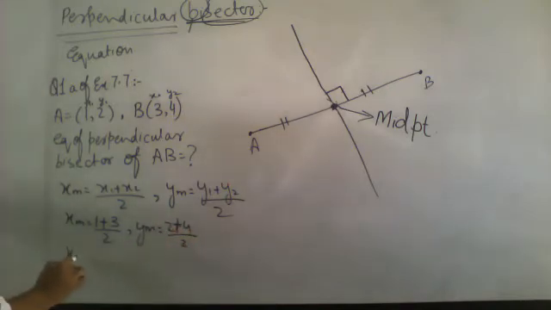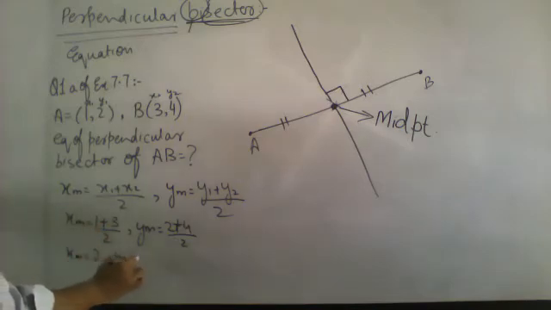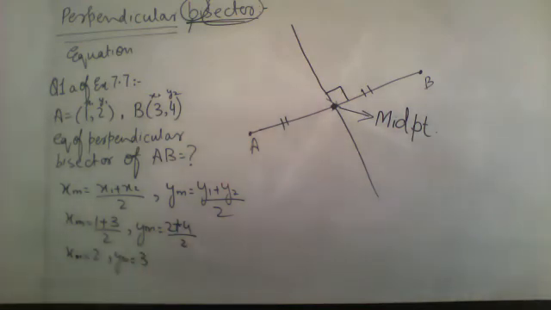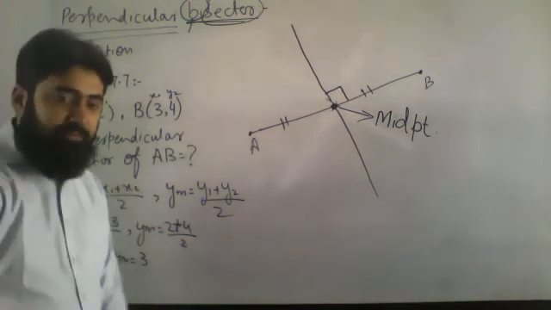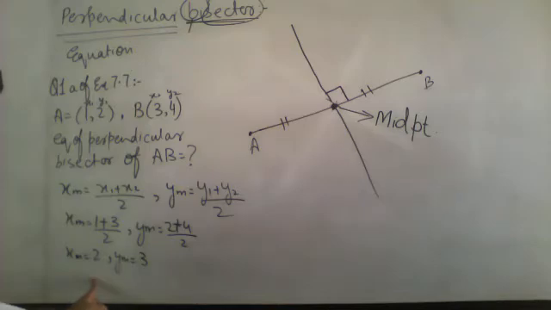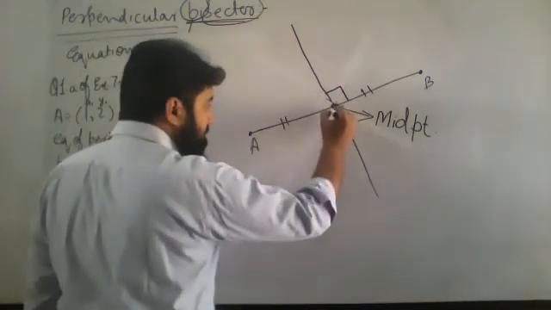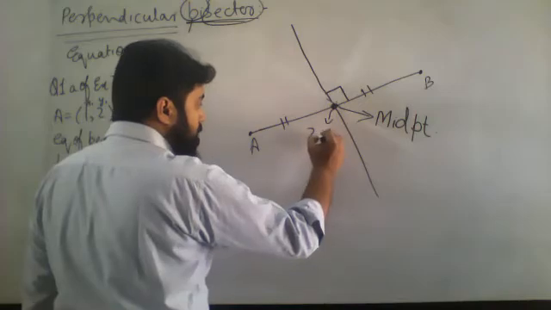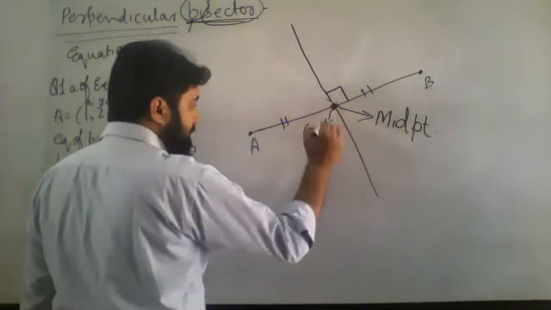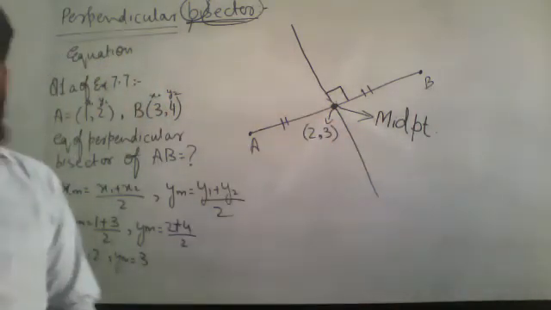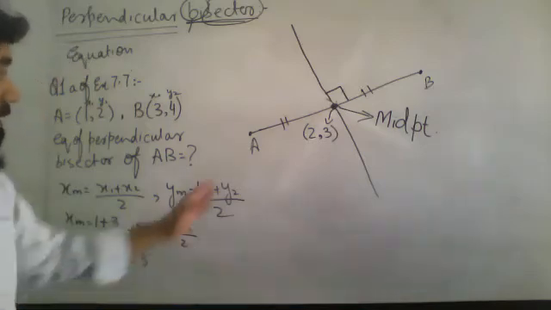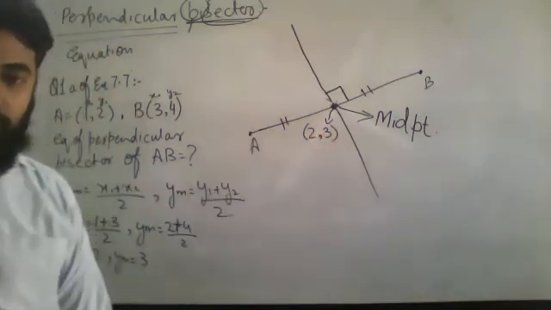Simplifying it, xm equals 3 plus 1, 4 divided by 2 will be 2, ym equals 2 plus 4 is 6, 6 divided by 2 will be 3. So the first thing I have found is that the midpoint of A and B is 2, comma 3 in this scenario.